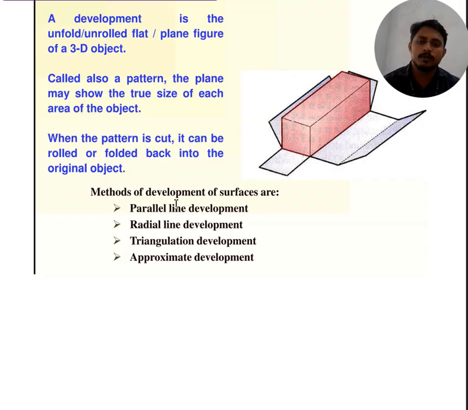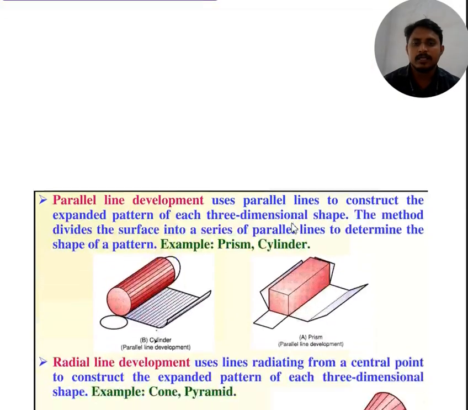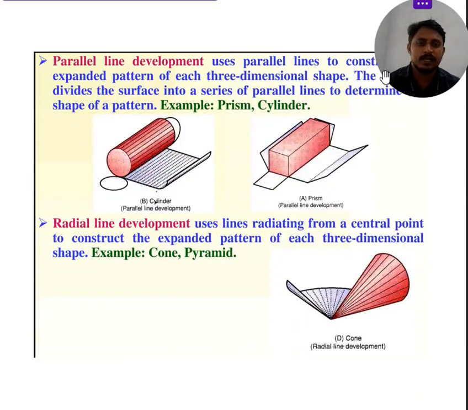So we are using the parallel line method and the radial line method, because in our syllabus we have first prism and second cylinder, that is parallel line development, and third cone and fourth pyramid, that is the radial line method. Next, the parallel line method, we already discussed it.